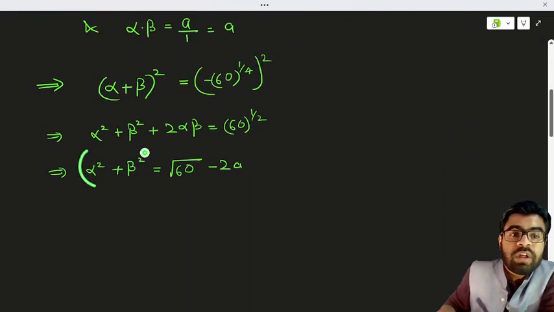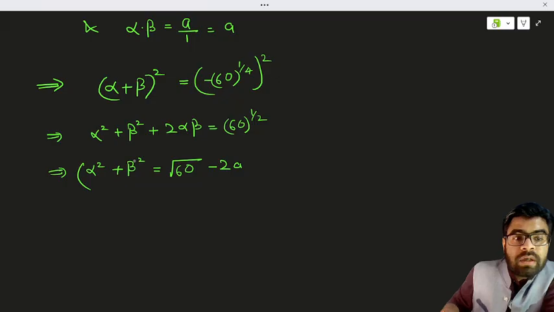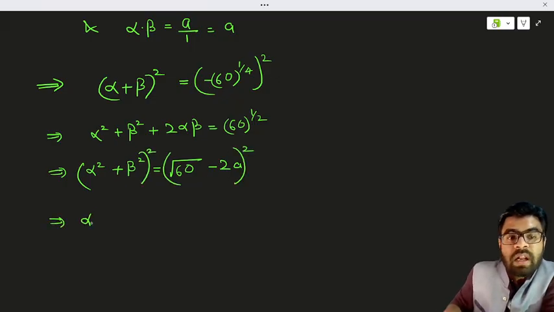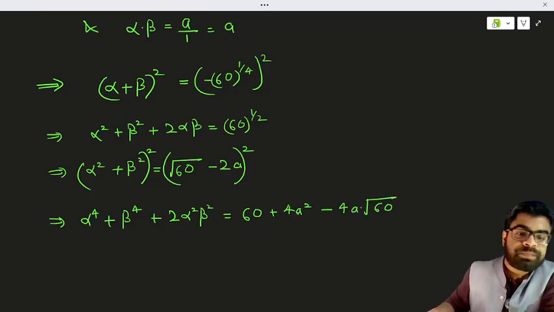Now if I take again the whole square because I want power 4, if I take the square again here, then we get the power 4. So if I have taken again the square value of this, then what we get is alpha power 4 plus beta power 4 plus 2 alpha square beta square, which is equals to, we can say a square plus b square minus 2ab, so it is 4a times root 60 here.